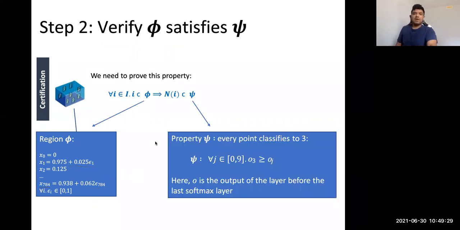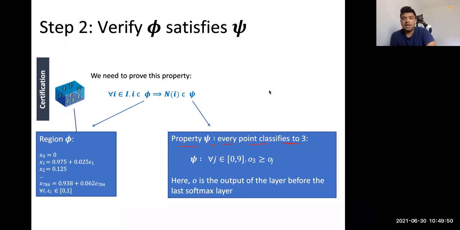So let's define our property, what the property actually is. Here we say our property is that every point classifies, so this is our output property, our post condition. So every point classifies to 3. That's what we want.